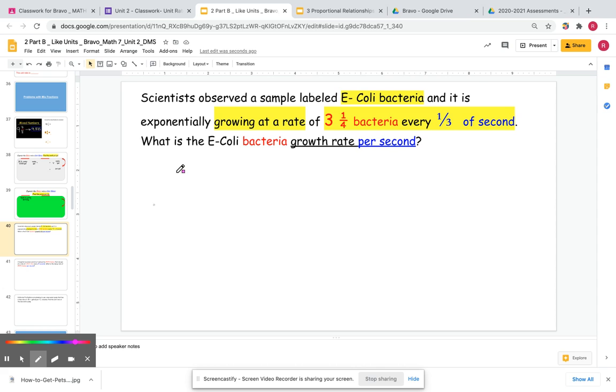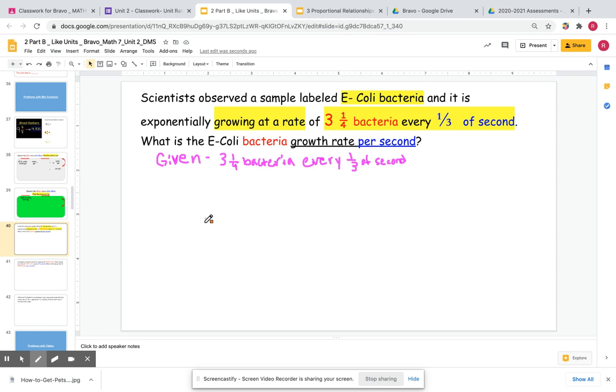Okay, so we should have the following information on our piece of paper. We should write the word given. We should know that this information is given: 3 and 1/4 of a bacteria grows every 1/3 of a second. So with that information, we're going to construct a rate.